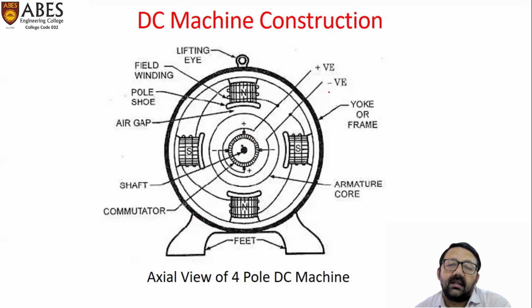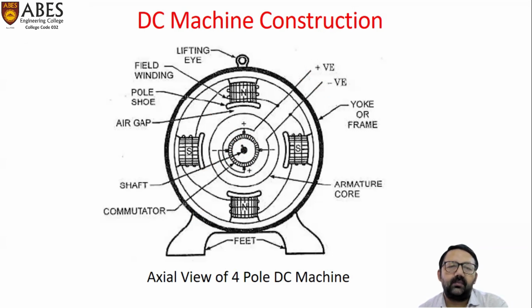So here we are getting DC output of the machine, and this is the central shaft. All the rotating parts of the machine are aligned across this central shaft. Now, we will discuss one by one the different parts of this machine and their main function.